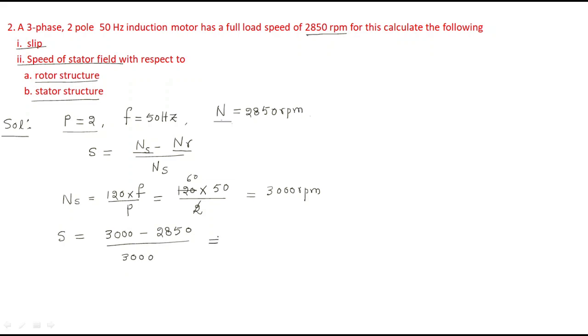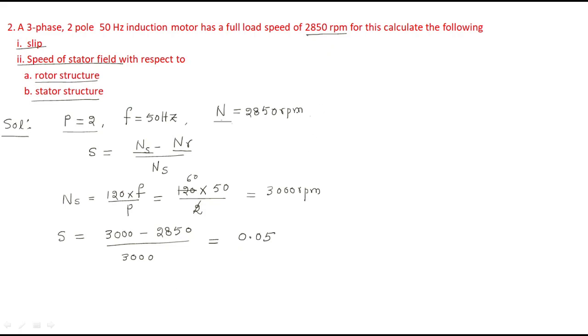Doing this, 3000 minus 2850 divided by 3000 again, we get the slip value of 0.05.